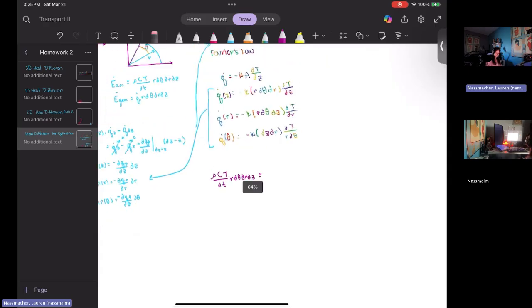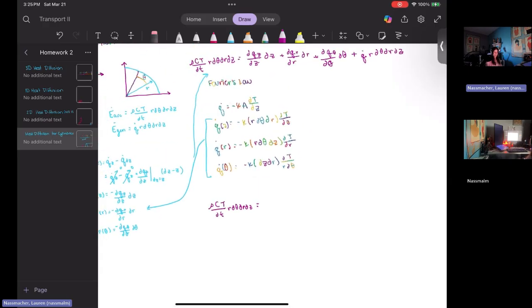That's the whole reason of doing this. And that's going to be, our negative signs are going to cancel out from the thermal conductivity and the negative sign in front of our net heat flow equation.